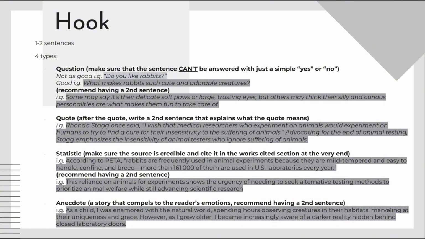However, as I grew older, I became increasingly aware of a darker reality hidden behind closed laboratory doors." This is a story that compels to the reader's emotions because it describes a child who was in love with the natural world, but grew up to discover the horror of animal testing.